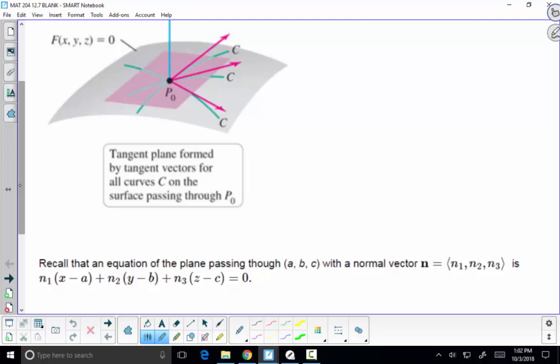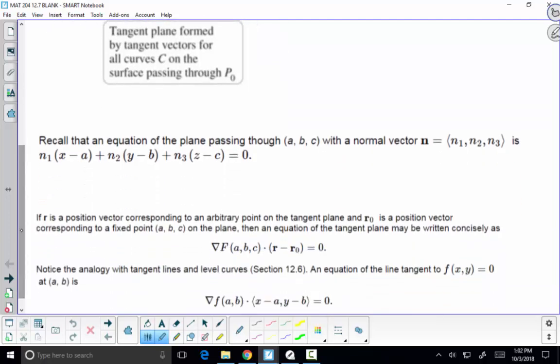And what we have to do is find the equation of the tangent plane. The way that we have been finding planes, and the way that we will continue to find planes, is that we will use this formula, n dot v equals 0. That gives us the equation of the tangent plane. We have to find n, which is normal to the surface at the point.